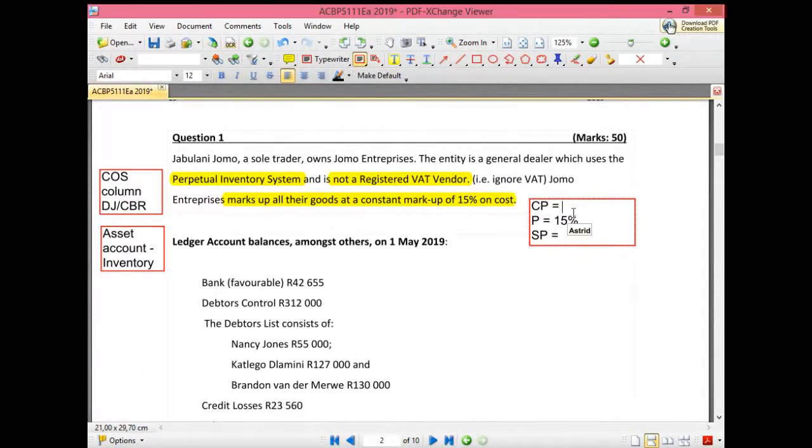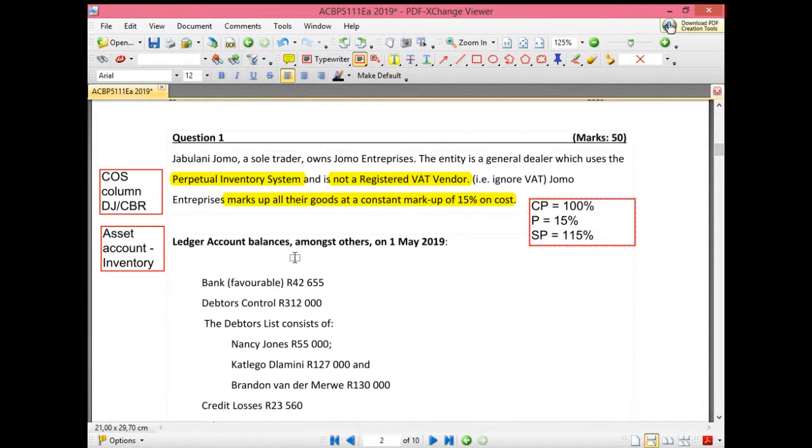So if it is on cost, your cost is always 100%. If it's on sales, the sales would be 100. If you miss that, your cost of sales amount calculation would be incorrect, but you would still get a method mark if you did the calculation. So that's just from the top paragraph, this is what you had to see.